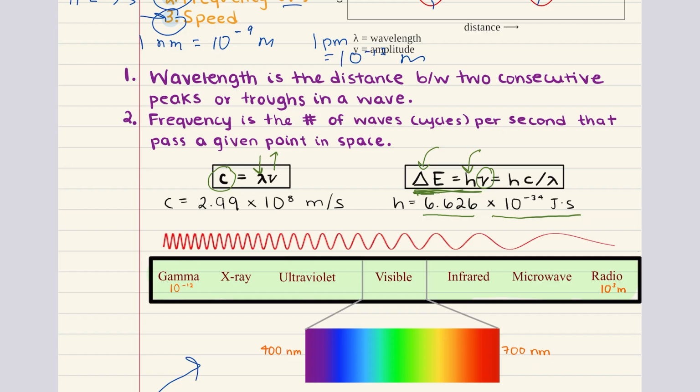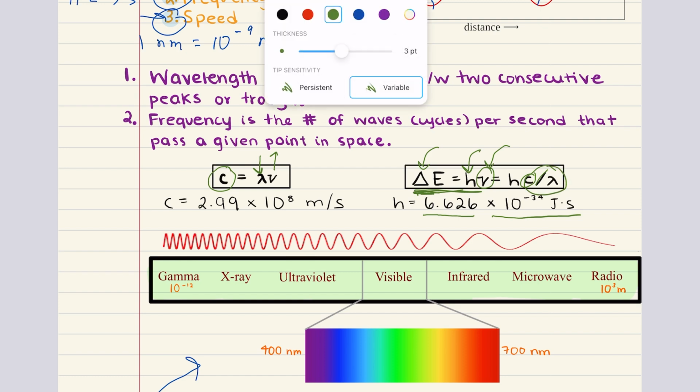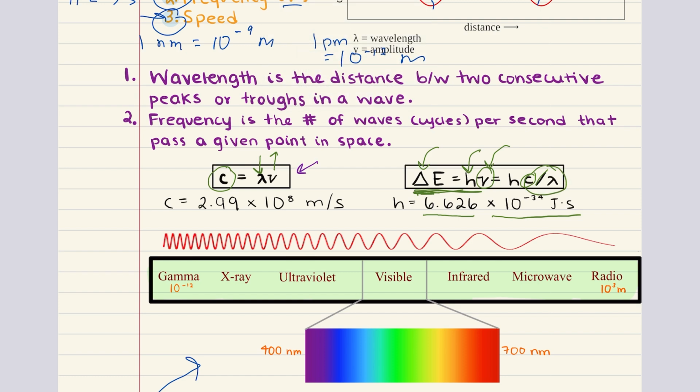Now we can rewrite this equation by replacing the frequency term with the speed of light divided by lambda. And we got this relationship simply by rearranging this equation. This equation says that the speed of light is equal to wavelength multiplied by frequency. If we want this expression to solve for frequency, we just need to divide both sides by wavelength.